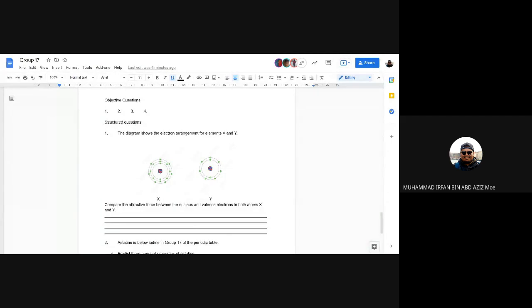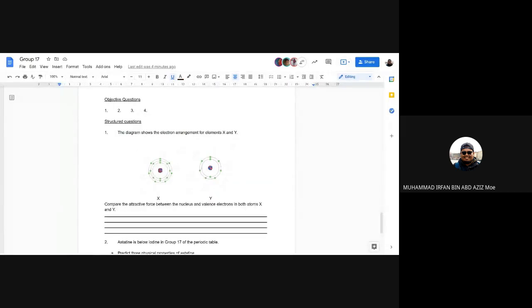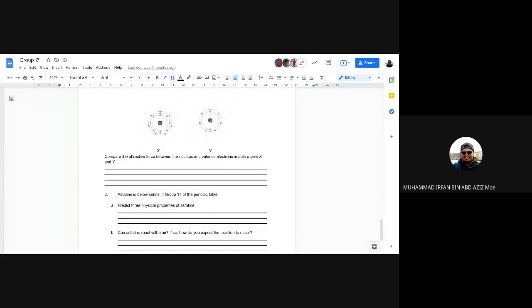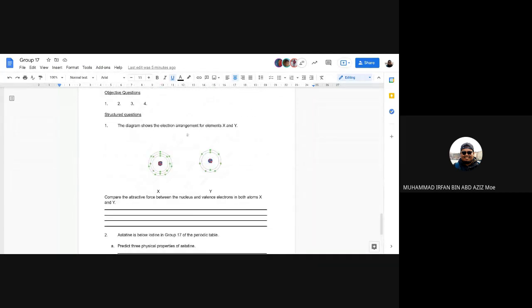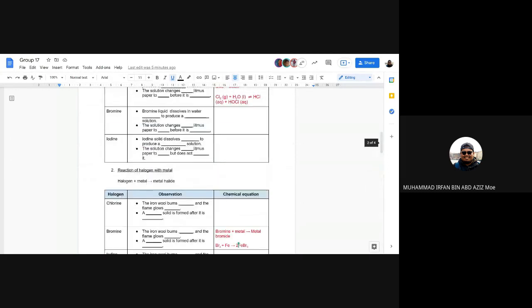For objective test questions, just A, B, C. Okay, 1, 2, 3, 4. Tadi tu, and then these questions lah untuk ni. This is basically your homework, jawab yang ni je. Yang ni kena completekan juga.